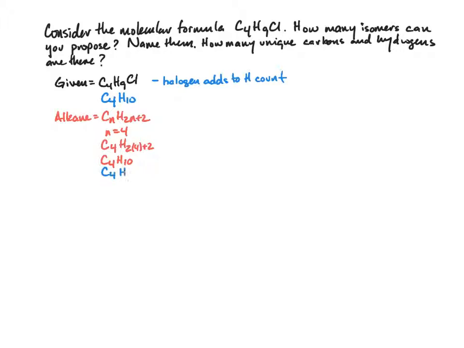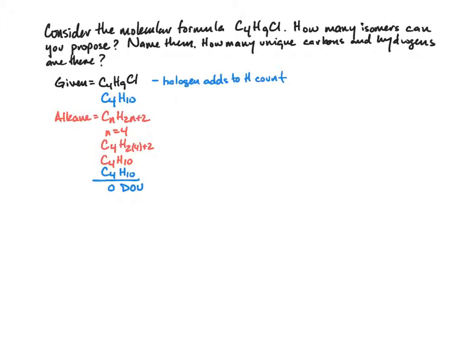We calculated that we have C4H10, so we subtract, and essentially we get 0 degrees of unsaturation, since H10 minus H10 gives us 0. So no matter what we propose, there can be no pi bonds or no rings.